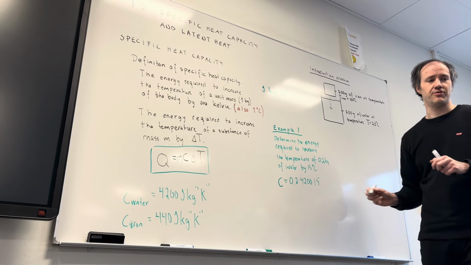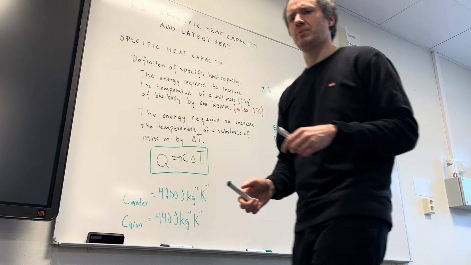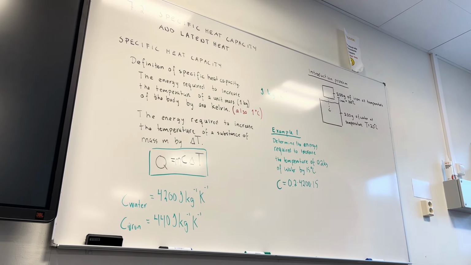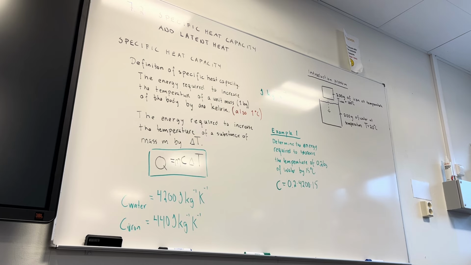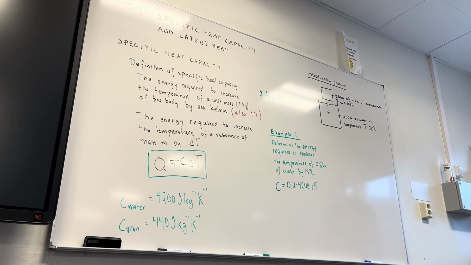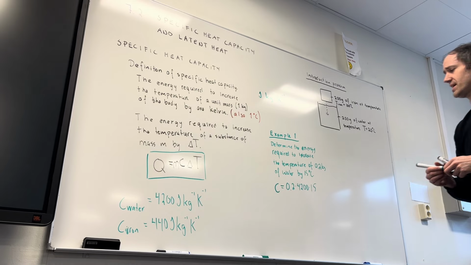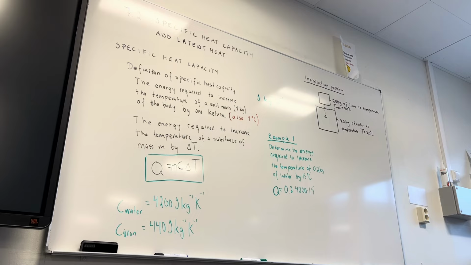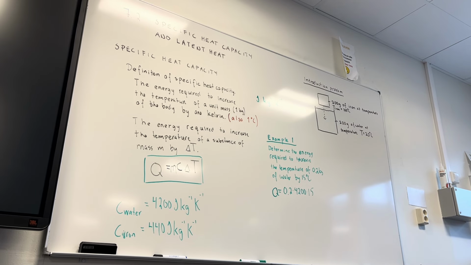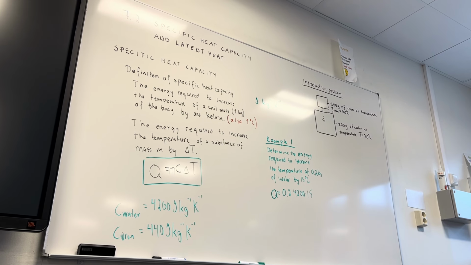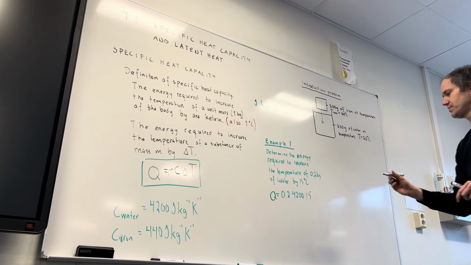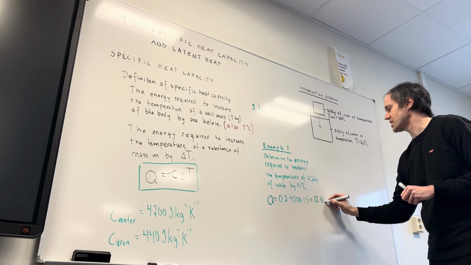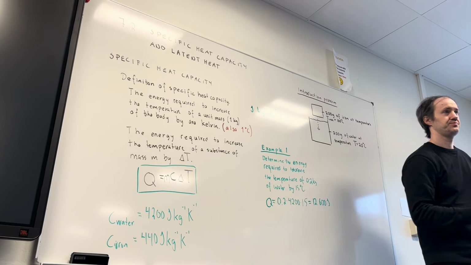I have to use my calculator. I don't write the units in the calculations. Oh, I wrote that wrong. That's not C, that's Q. So you get 0.2 times 4,200 times 15, which is 12,600 joules.